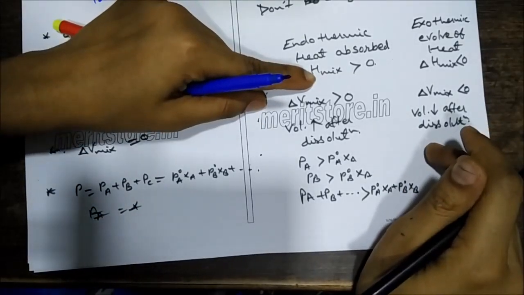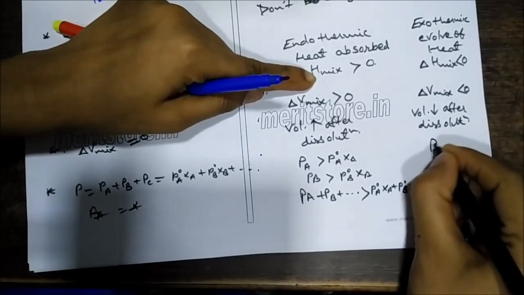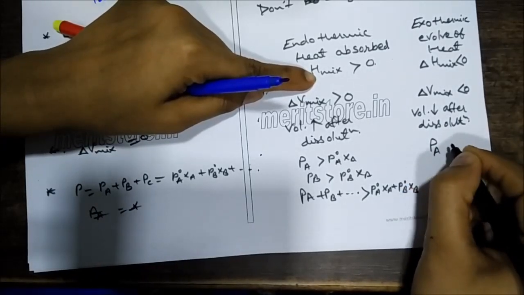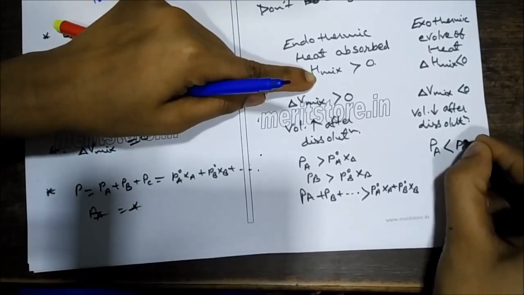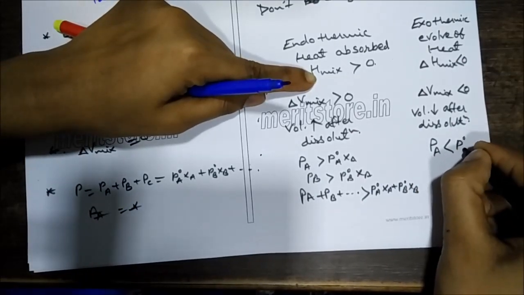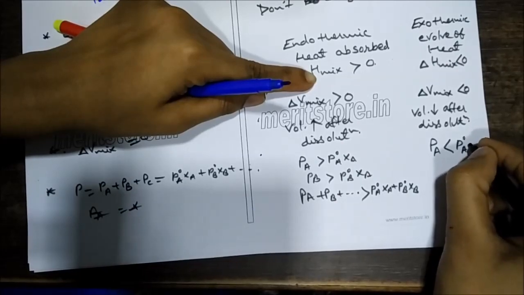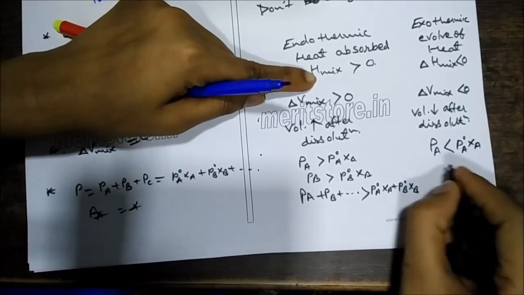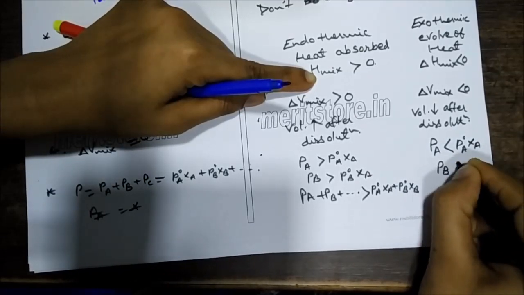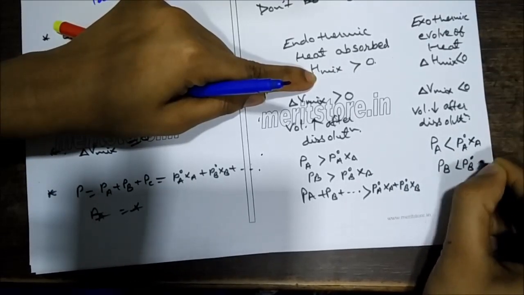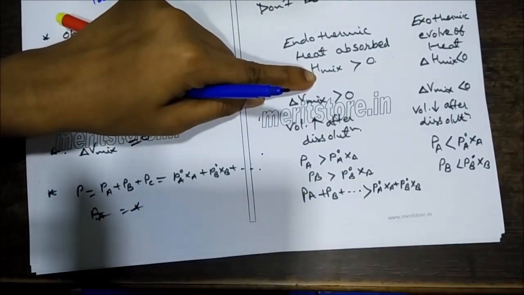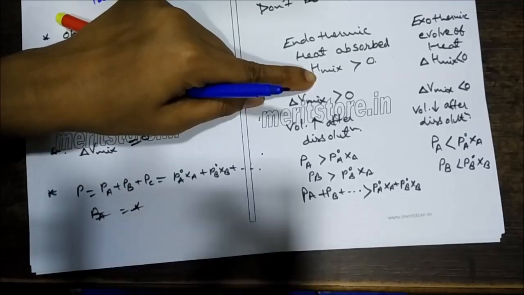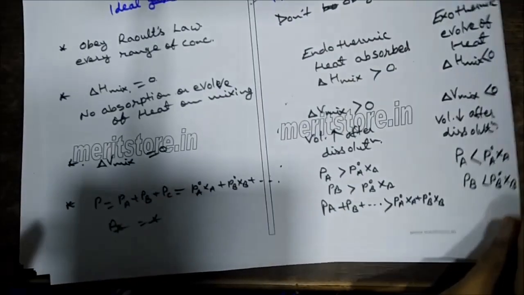But in solutions having negative deviation, the pressure of the solution will be less than the product of partial pressure of pure solvent and mole fraction, or the total pressure will be less than in its pure state.